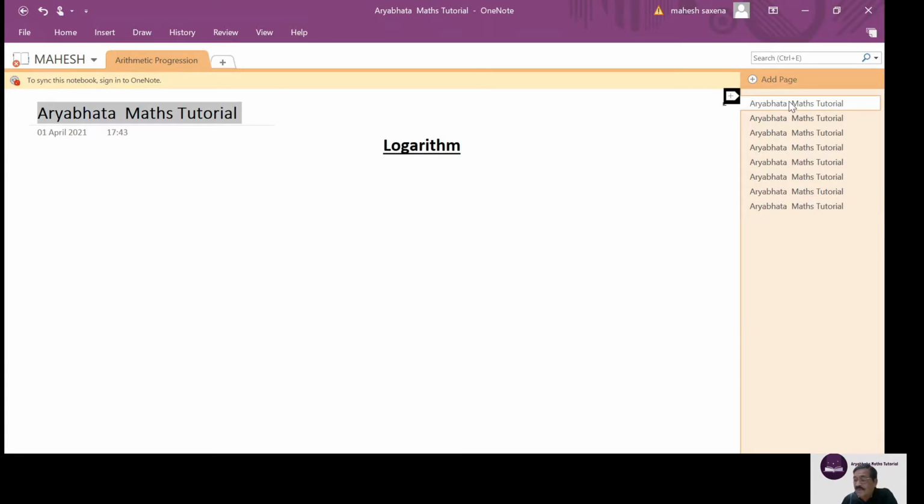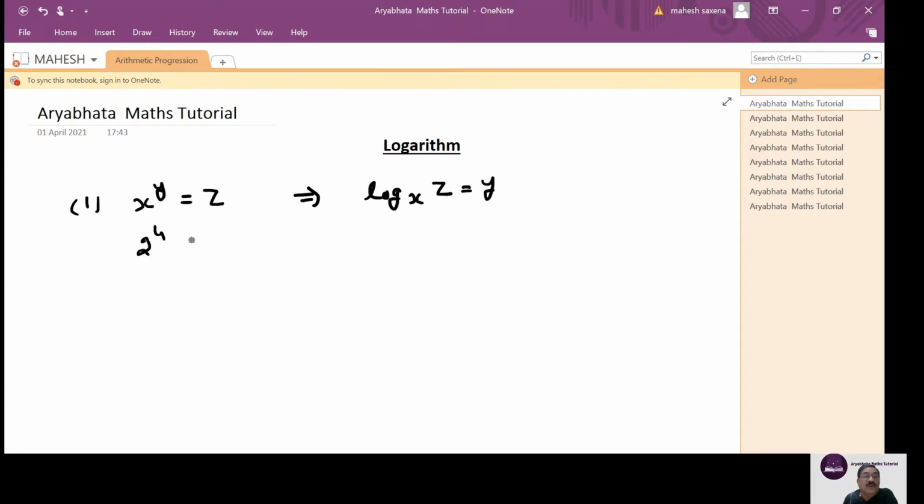Suppose x to the power y is equal to z. In the logarithm, we will write it as log base x of z is equal to y. For example, we know that 2 to the power 4 is equal to 16.